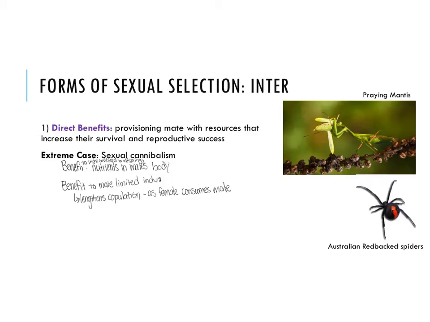I don't think the praying mantis does this. As the female consumes the male, he continues to transfer sperm. So we saw in the last example that the longer copulation occurs, the more sperm that can be transferred. By being eaten and essentially distracting the female with your nutrients, that means copulation can continue for a longer time.